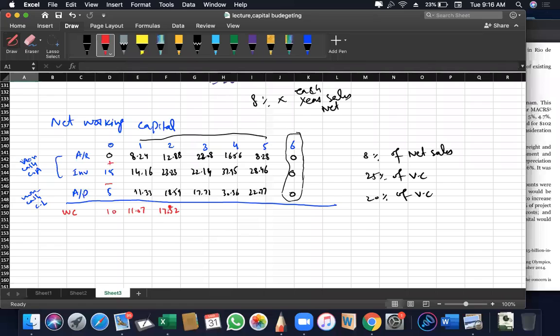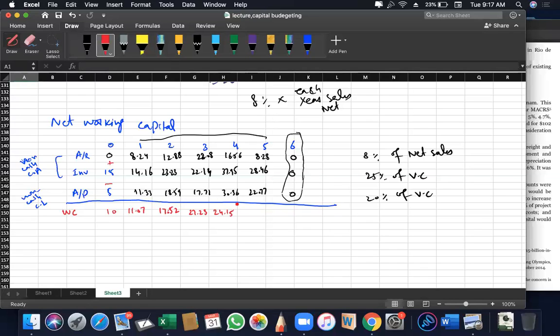Then 20.8 plus 22.14 minus 17.71, it is 27.23. Then 16.56 plus 37.95 minus 30.36, we get 24.15.